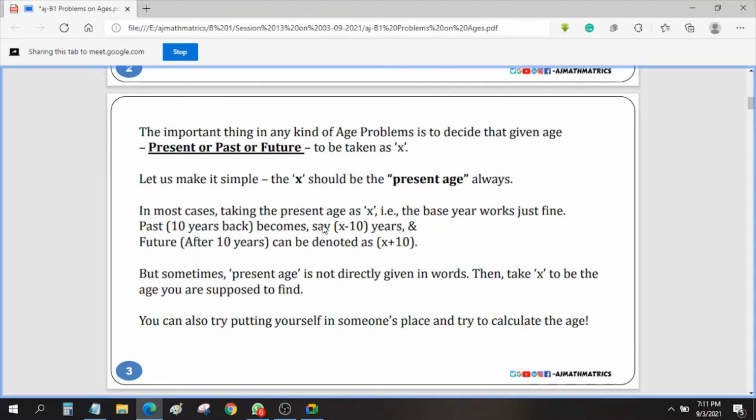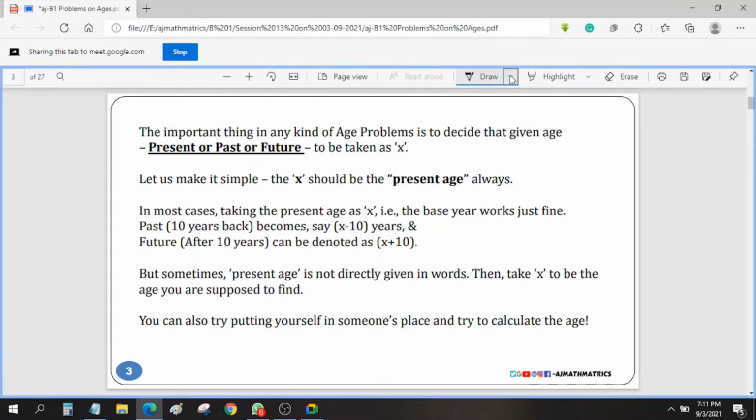In most cases, taking the present age as x, the base year, works fine. If you take x as the present age, that will give you more comfort. Now, 10 years back, if x equals the present age, means simply x minus 10. Future, after 10 years, means x plus 10.